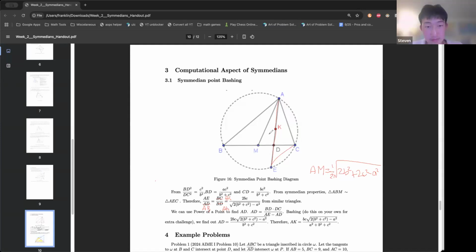BKC over ABKC. So guys, is it obvious that the area of BCK over ABKC is in fact equal to KD over AD? Or more conveniently, the area of triangle BKC and ABC, the ratio of those is equal to the ratio of KD over AD.